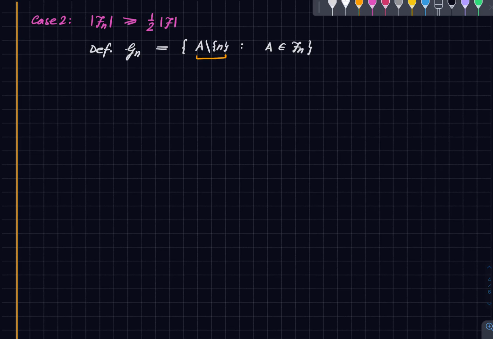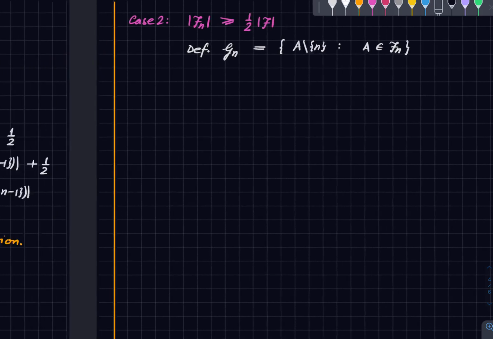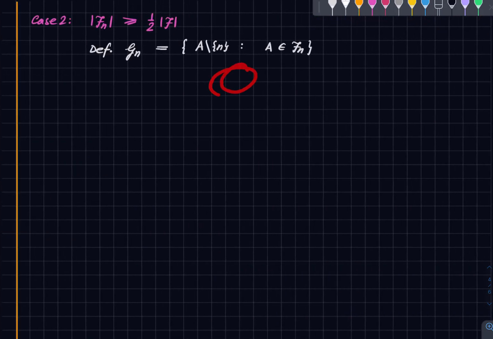We are just creating a set. This orange thing is supposed to highlight the set which has everything that's there in A except for the element n. So we are just taking out the element n from A. Okay, and for some reason my laser pointer is not working. Yeah, now it's working. So this is just all the elements of A except for the element n.